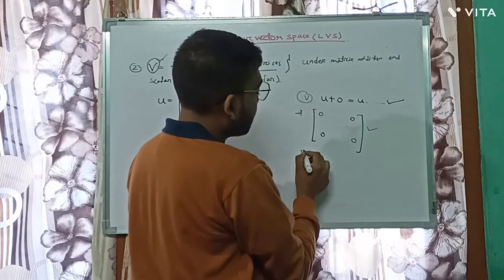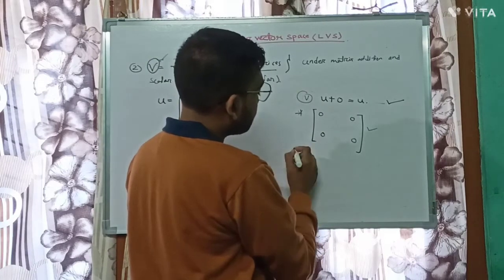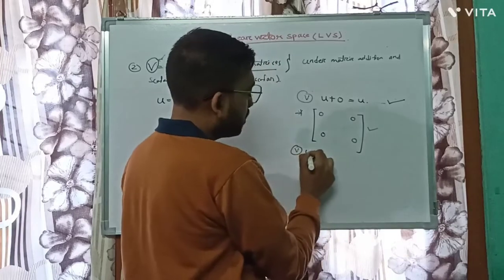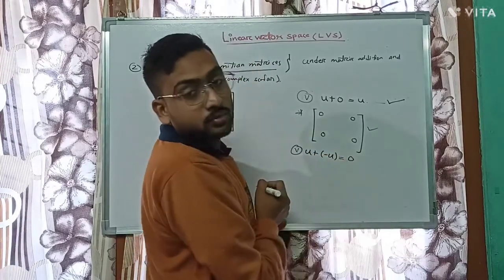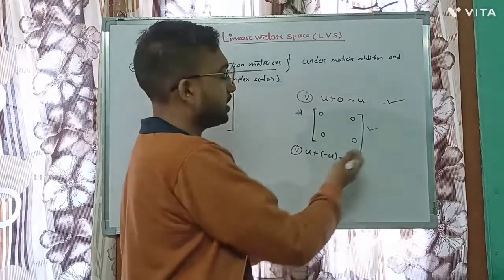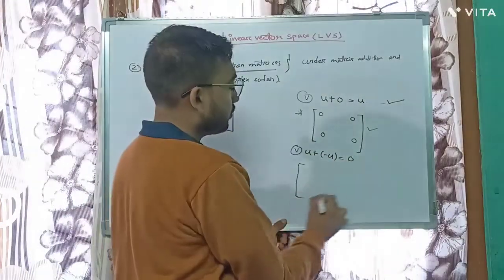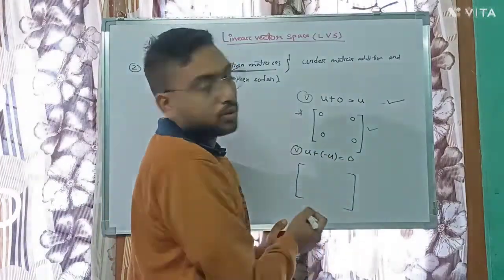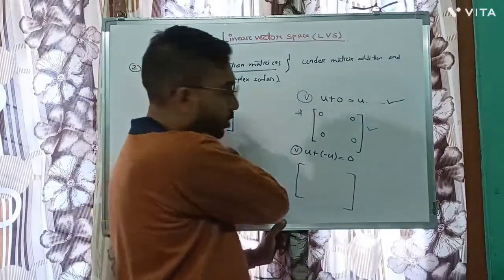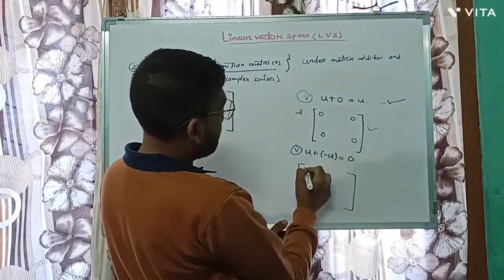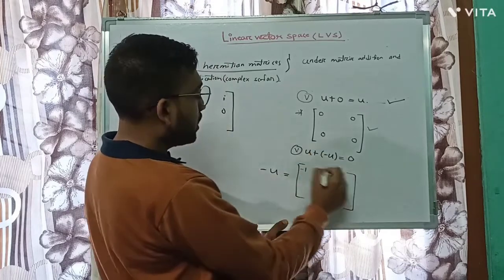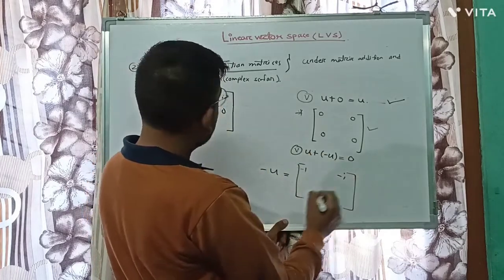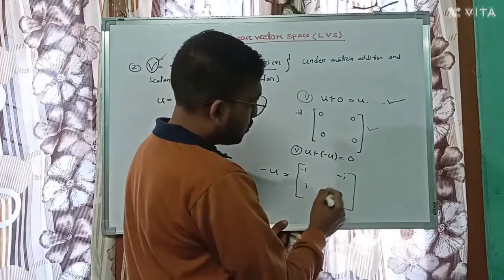The fifth property says that there must be a vector minus u, such that the addition of this vector with the vector u must result in 0. So I have to check if the additive inverse of u is a Hermitian matrix or not. So minus u is minus 1, minus i, i, 0.